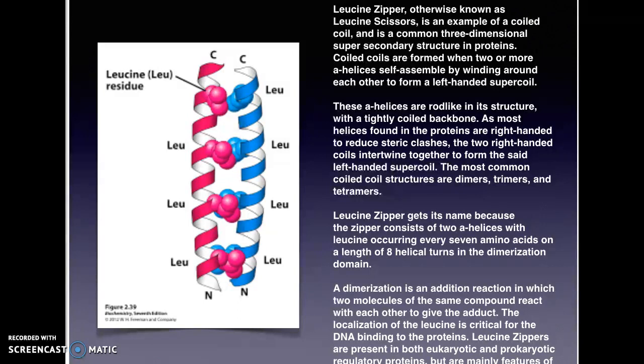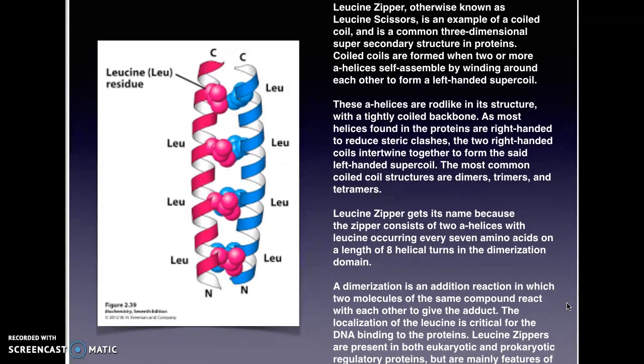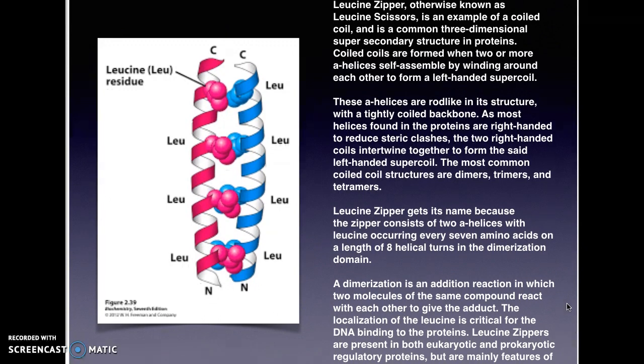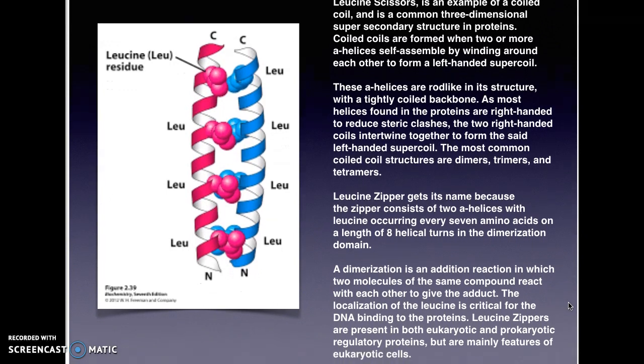A dimerization is an addition reaction in which two molecules of the same compound react with each other to give the adduct. The localization of the leucine is critical for the DNA binding to the proteins. Leucine zippers are present in both eukaryotic and prokaryotic regulatory proteins, but are mainly features of eukaryotic cells.